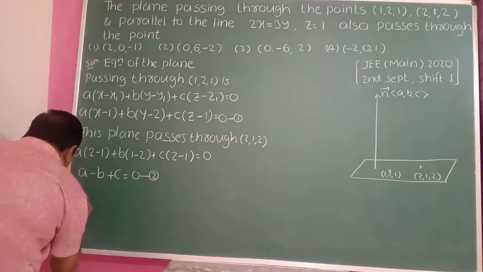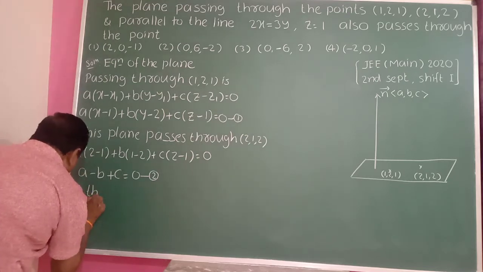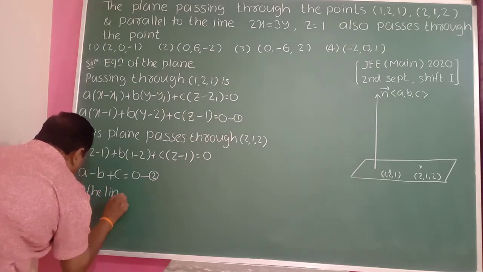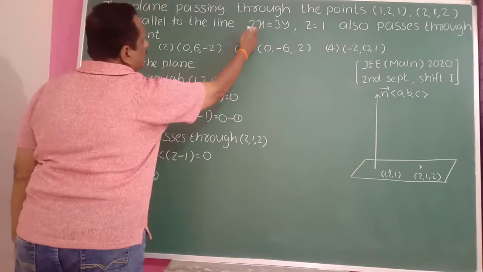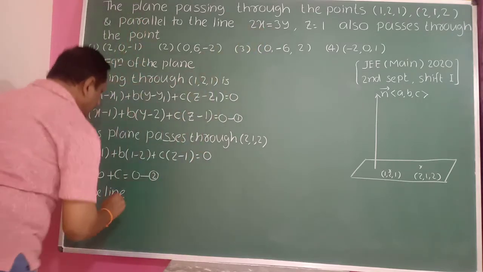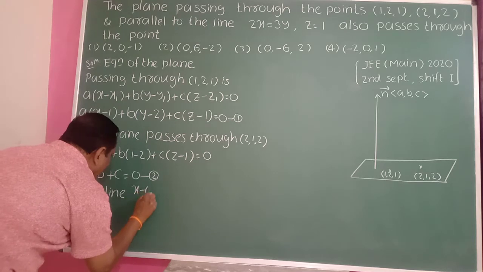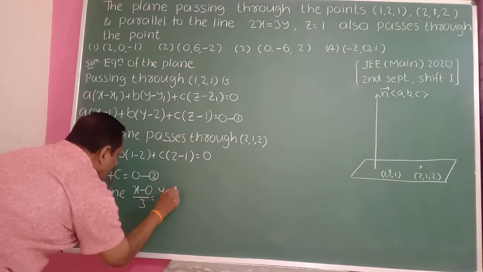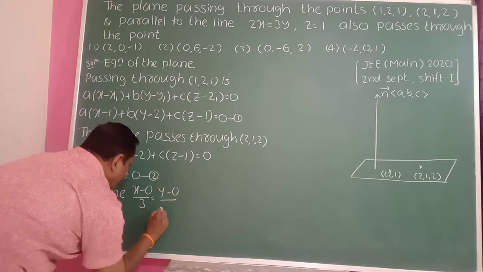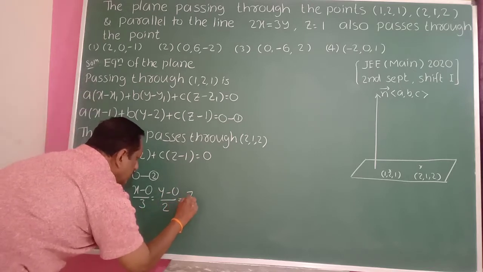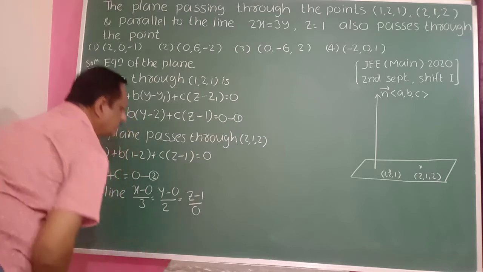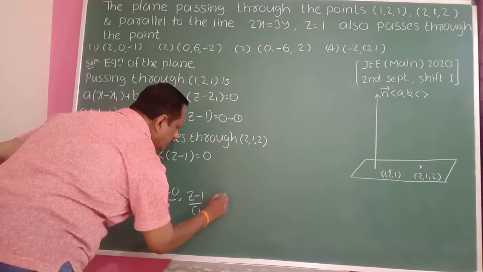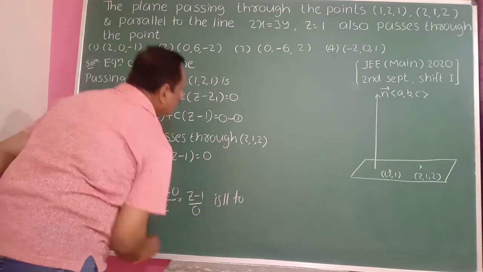And the line: take 2 this side, 3 this side. So (x minus 0) divided by 3, (y minus 0) divided by 2 is equal to (z minus 1) divided by 0, and it is parallel to plane 1.